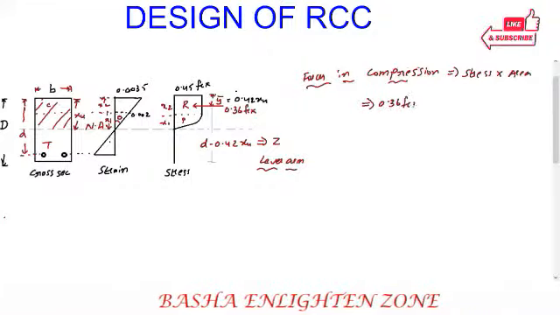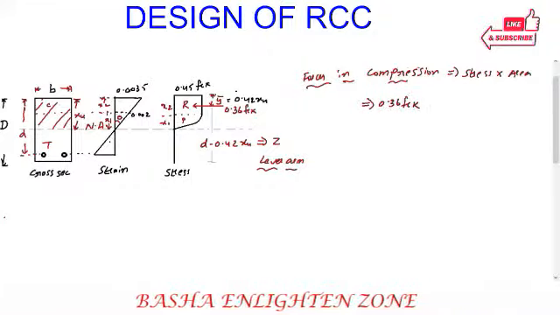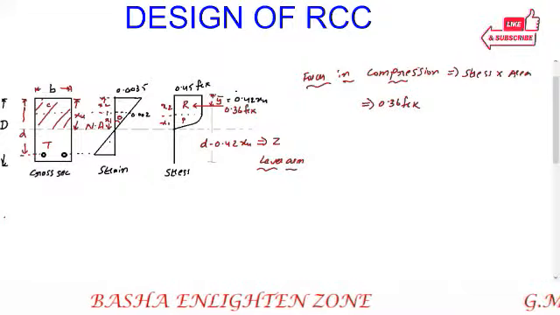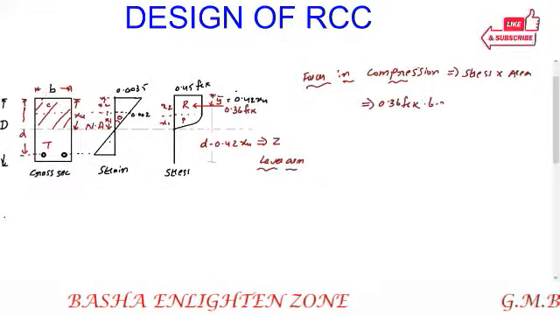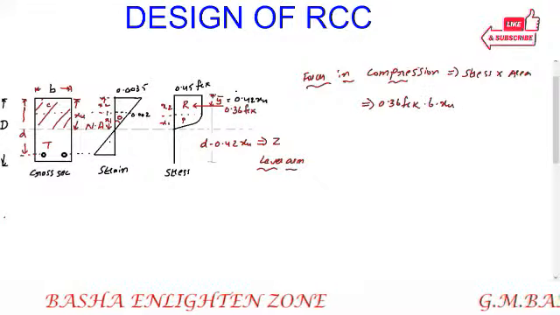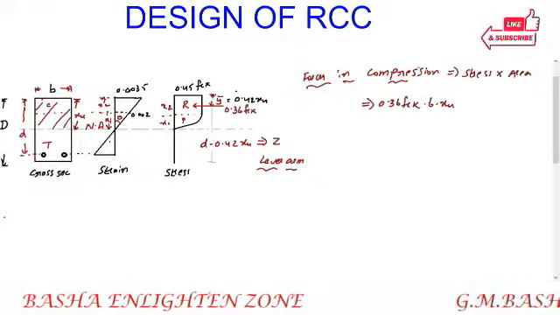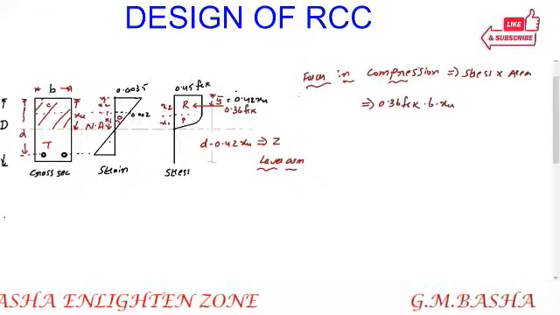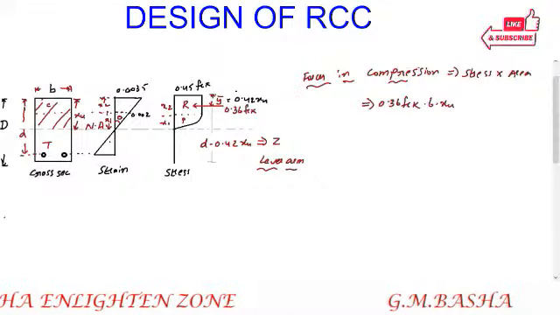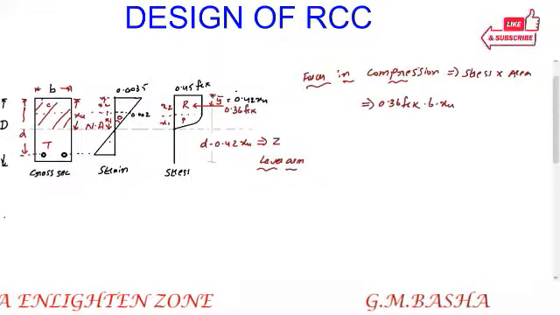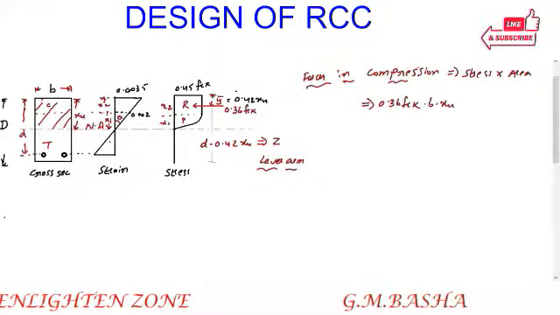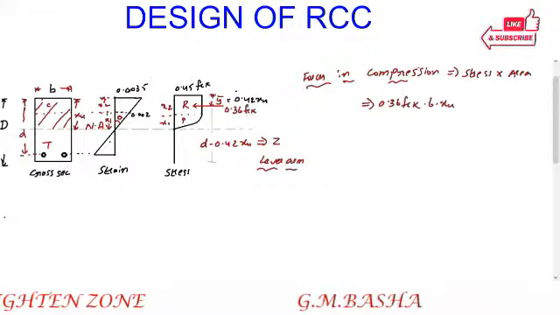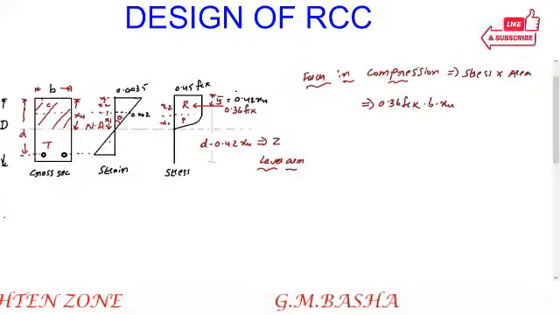And what about its area? We know that it is b into xu on the compression side. So the total force in compression will be equal to 0.36 fck b xu. Already we found the area of the stress block, that is the area of the rectangular portion plus the area of the parabolic portion, and there you find 0.36 fck stress, which is the average stress in the entire area.